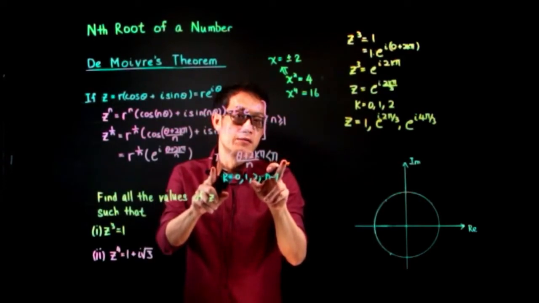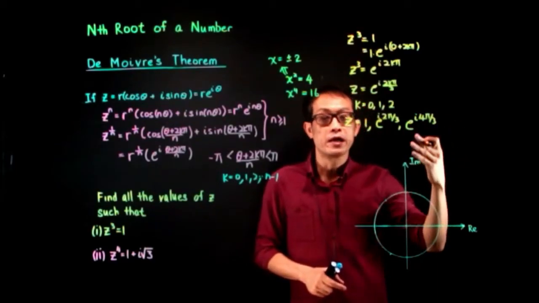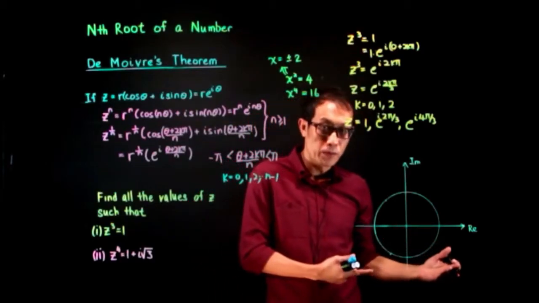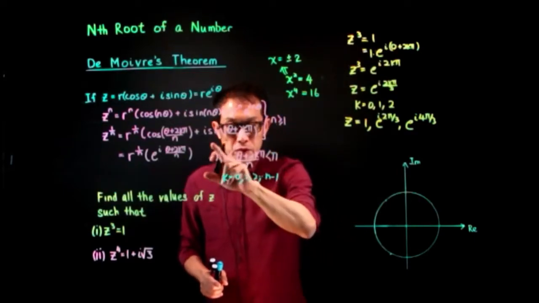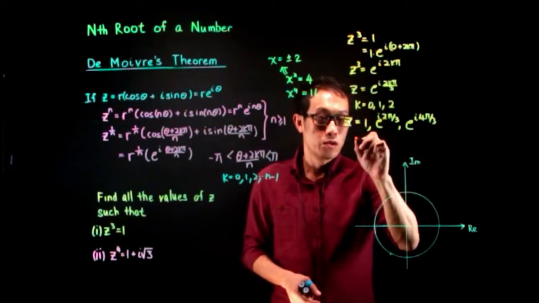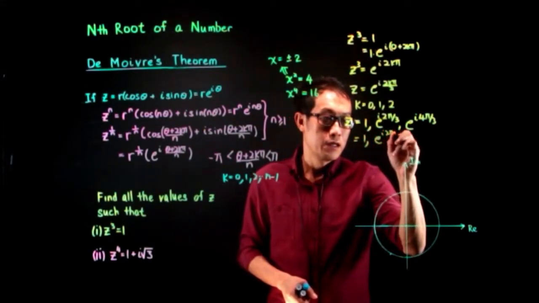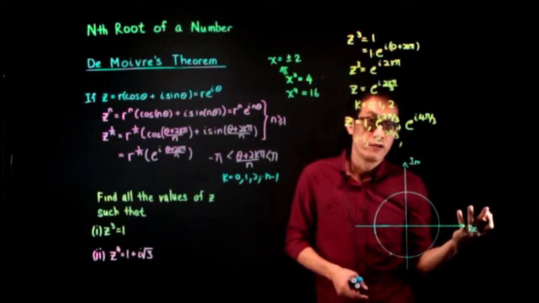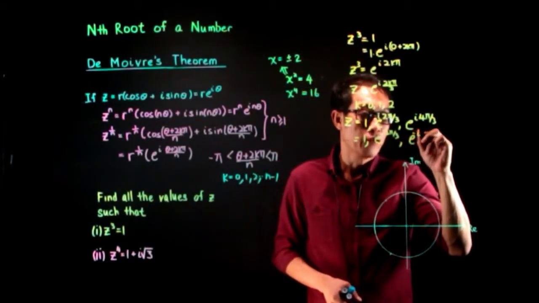So what do you do? You subtract 2 pi. Every time it's out of range, you always subtract or add multiples of 2 pi until you get it within this range. So in this case, you subtract 2 pi. 2 pi is 6 pi over 3, so 4 pi over 3 minus 6 pi over 3 is minus 2 pi over 3.